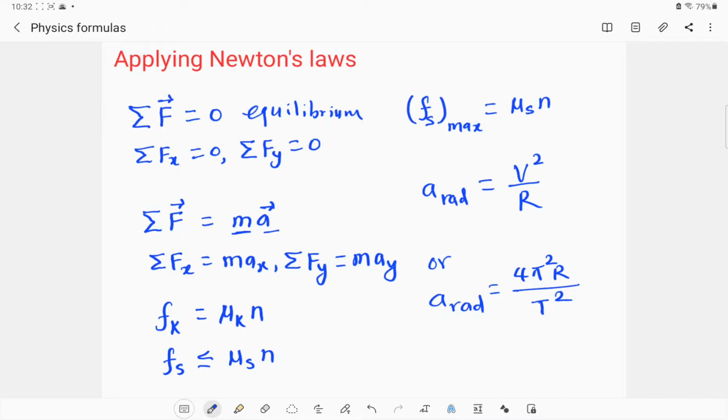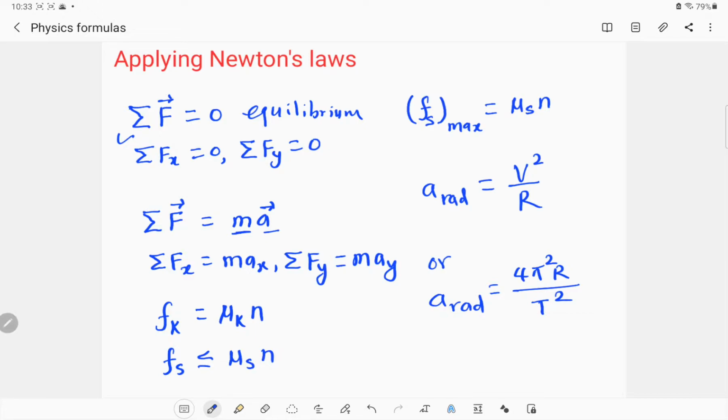According to the first law, net force, which is denoted by this first equation right here, summation F is equal to 0. That is the condition for equilibrium. While solving problems, you have to split the components of the forces into x and y components and equate them separately to 0.